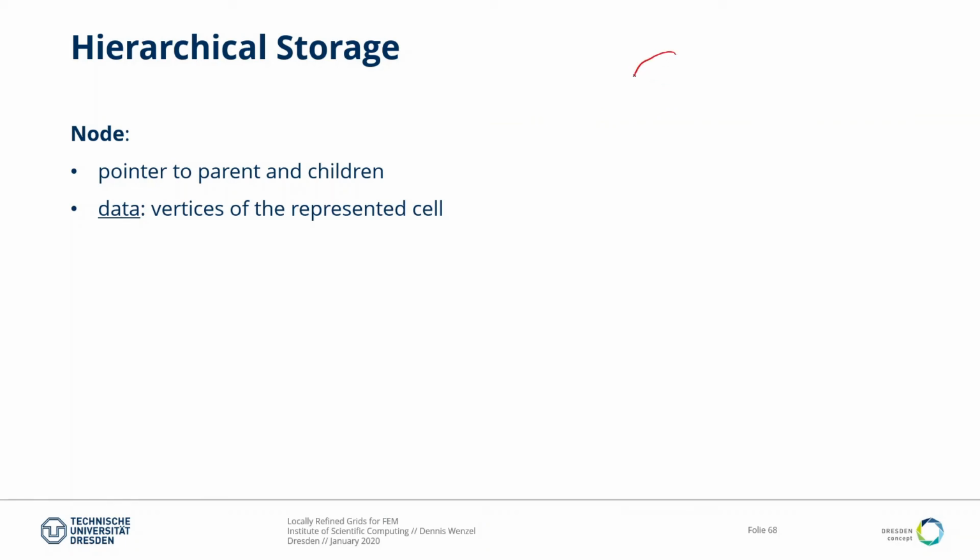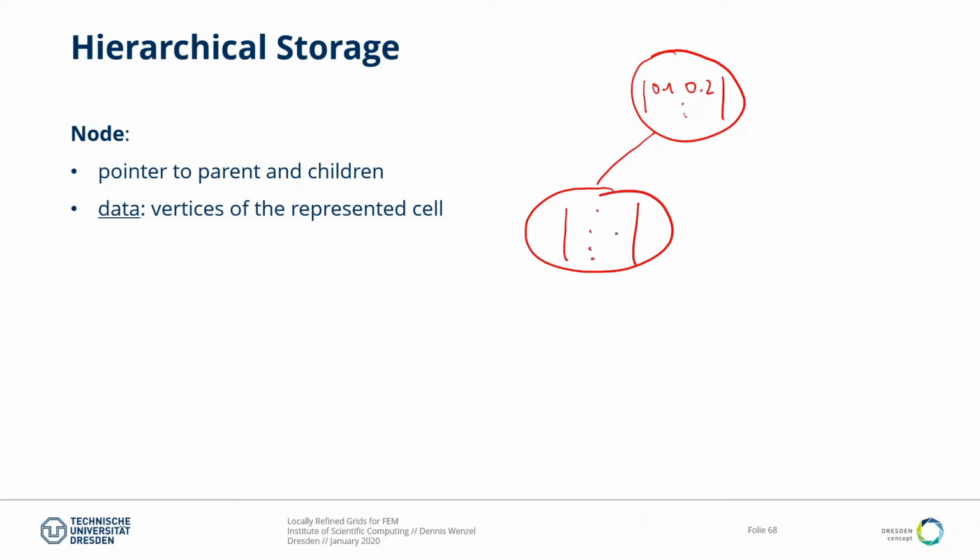If you imagine a zoomed in binary tree, then you would have here, for example, something like the vertices of my represented cell, for example, 0.1, 0.2, and so on. So here, the data that I'm storing is those vertices. And then I have my children, and they again store some matrix with point data and so on. Okay, so every node represents a single cell.